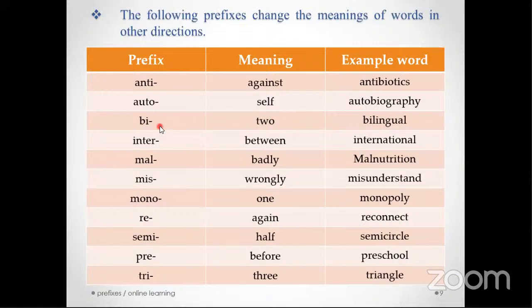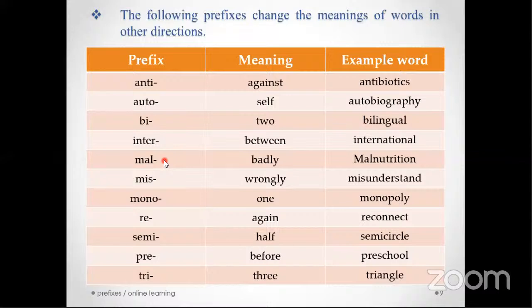Next one, inter, that means between, අතර කියන එකයි. National means ජාතික, international අන්තර්ජාතික, school පාසල, inter school අන්තර් පාසල්. Net means ජාලය, internet අන්තර්ජාලය.